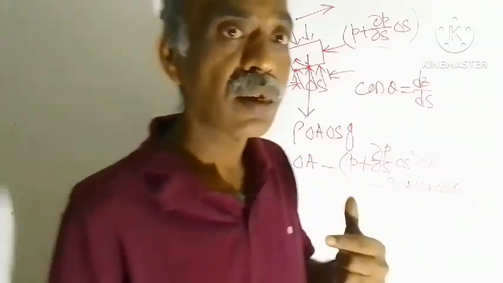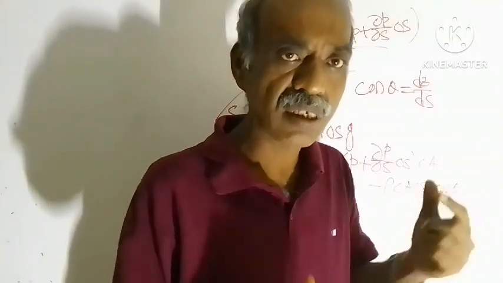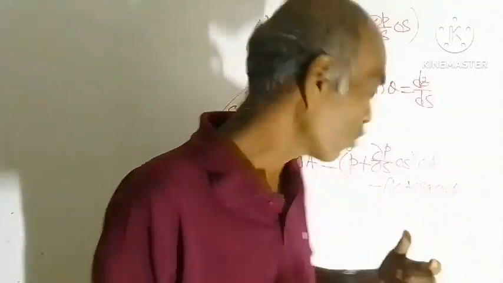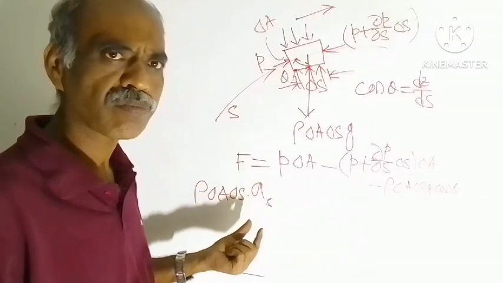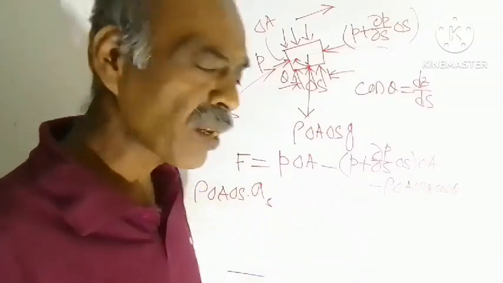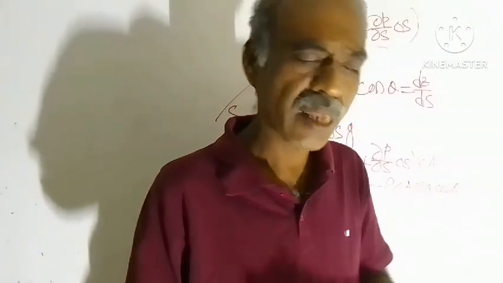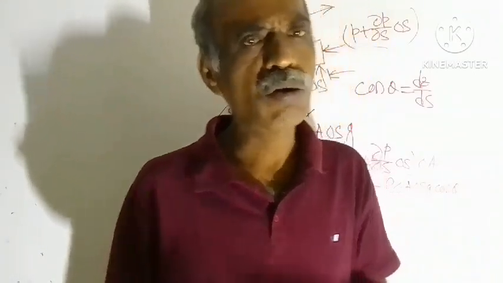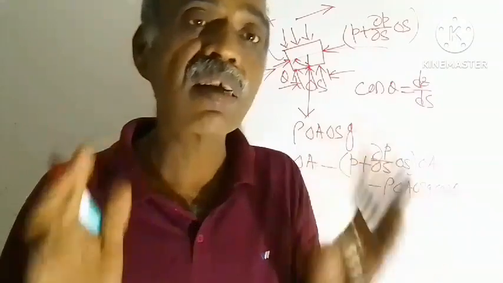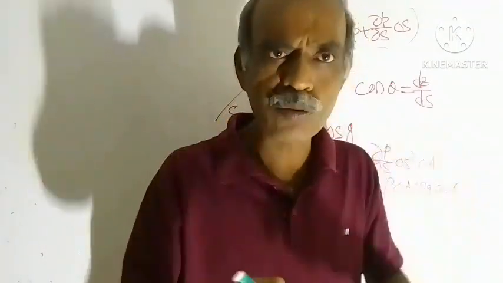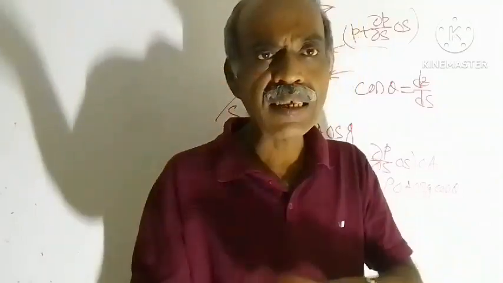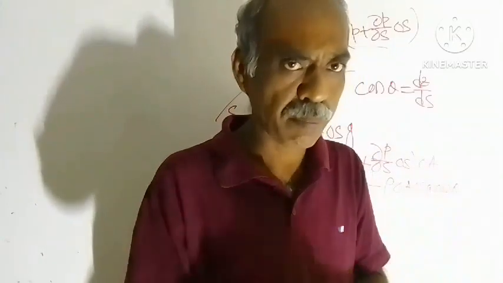But if you choose control mass system for the derivation, you need to write F is equal to mass into acceleration. Anyway, whatever be your approach, whether it is control mass system approach or control volume system approach, the resulting equation will be same. So in my previous video, I have taken control mass system approach.